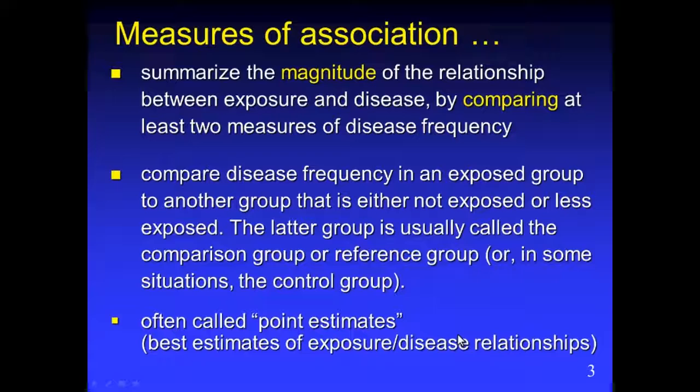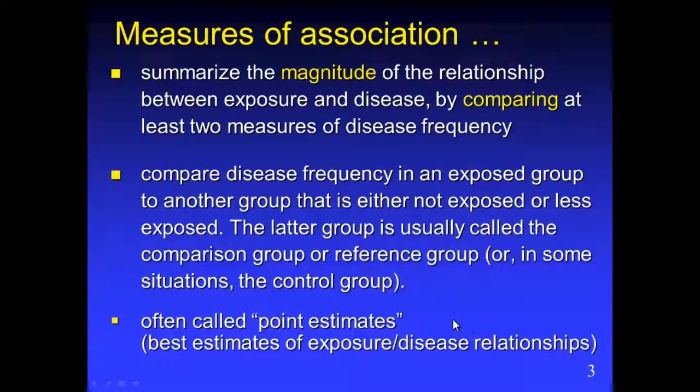And usually we have an exposed group and an unexposed group, at least. We may have groups with different levels of exposure, but we're going to start by talking mainly about comparing an exposed group with an unexposed group, because that's the simplest situation, and it works best for teaching purposes initially.